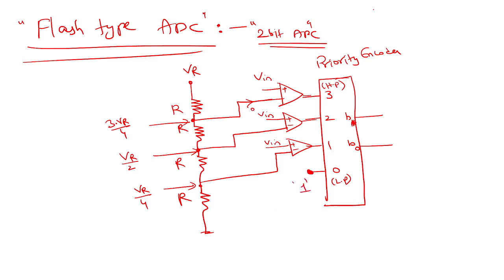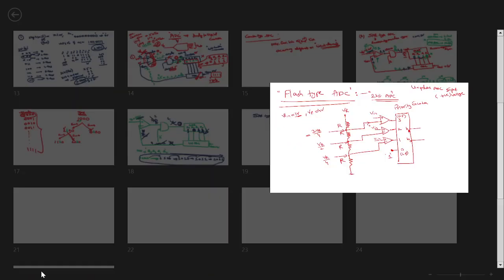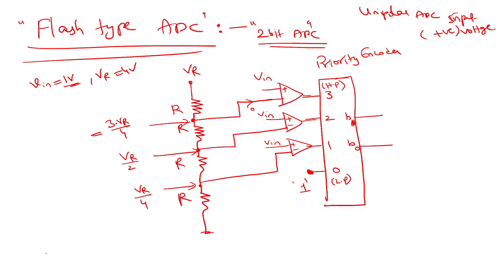By the way, these are all unipolar ADCs, whatever we're discussing. Unipolar ADCs means only positive supplies and positive input voltages. Now, for example, if I take Vin equal to 1 volt, VR equal to 4 volt.